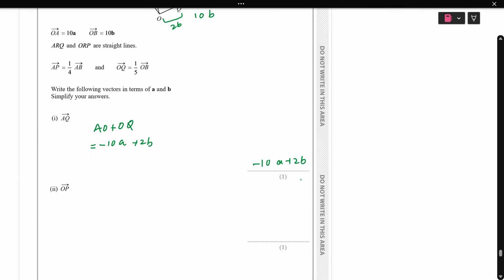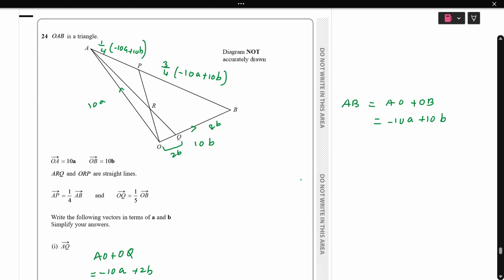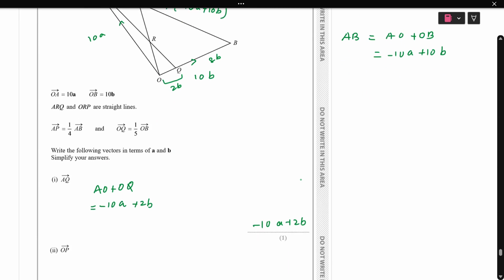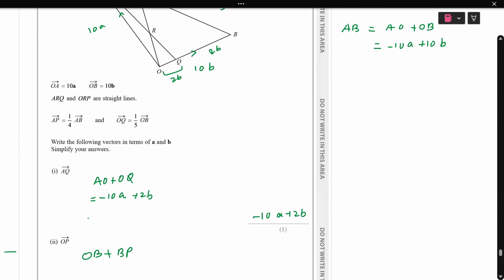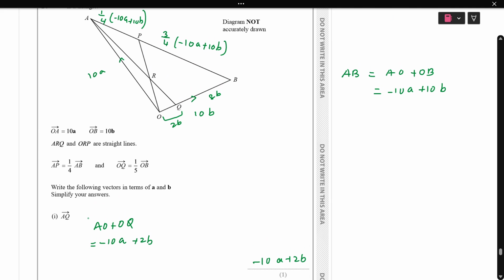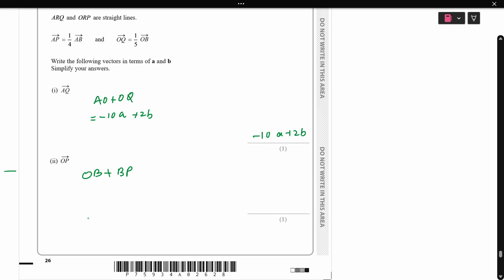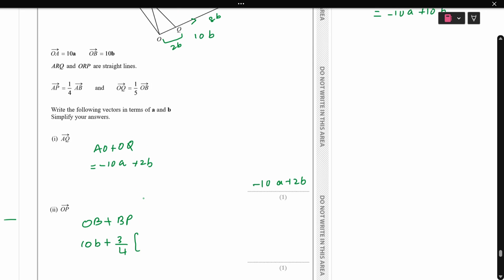Next, we need to find OP. OP equal to OB plus BP. OB is 10b plus 3/4 of BP.